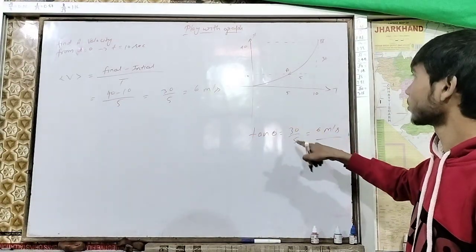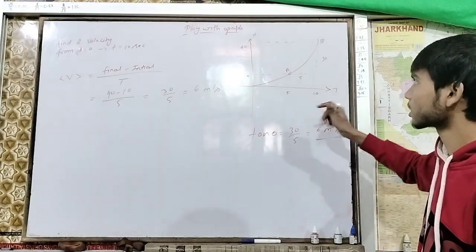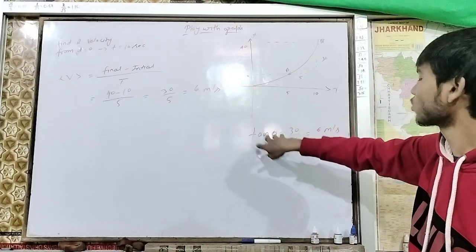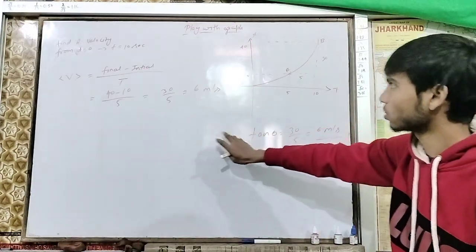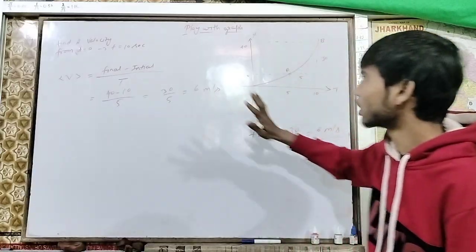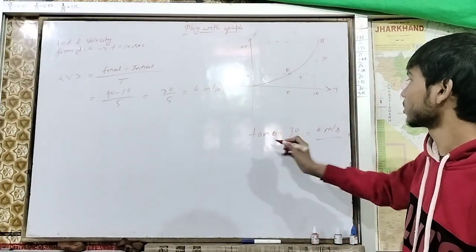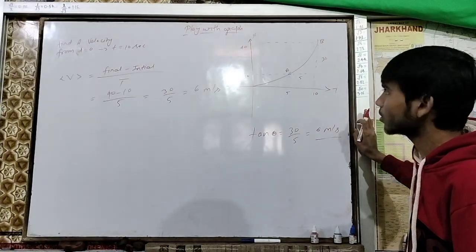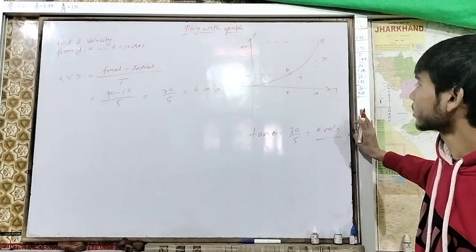In both cases you are getting the same answer, which is 6 meter per second. You have two options, and whichever option you want to use, you can use. From this the velocity is coming the same, and from tan theta the answer is coming the same, 6 meter per second.